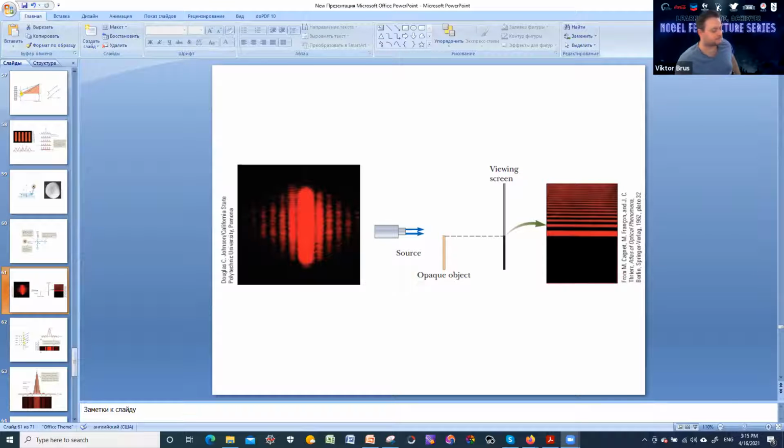According to Huygens principle, each point of the front of an electromagnetic wave is considered as a point source of an electromagnetic wave.